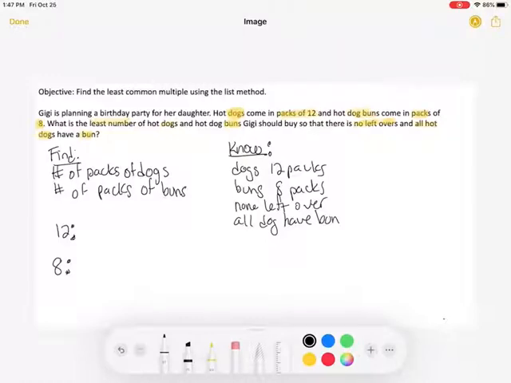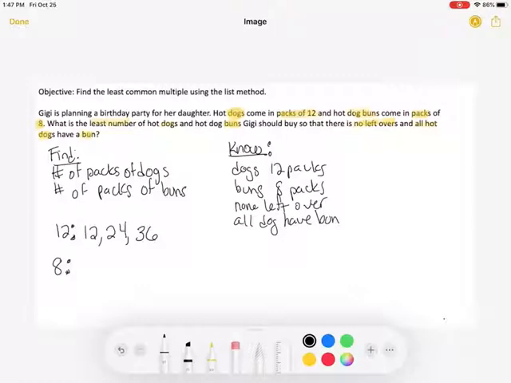A multiple is basically 12 times something is going to give me a multiple. So the first multiple of 12 is 12 times 1, 12. 12 times 2, 24. 12 times 3, 36. So another way to think of this is I'm skip counting.